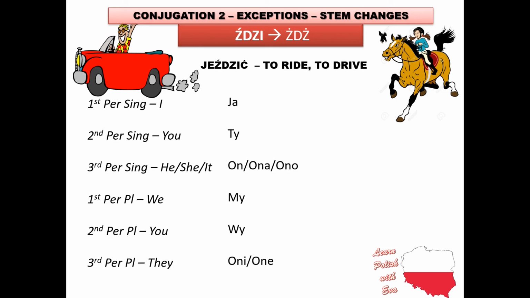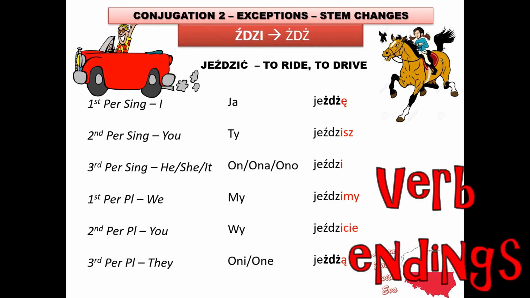We take off the infinitive ending ci. We are left with jeździ. The first person singular and third person plural will experience the stem change of zdzi to zdż. And the final verb will look like this after we add to all of the persons the adequate verb endings.